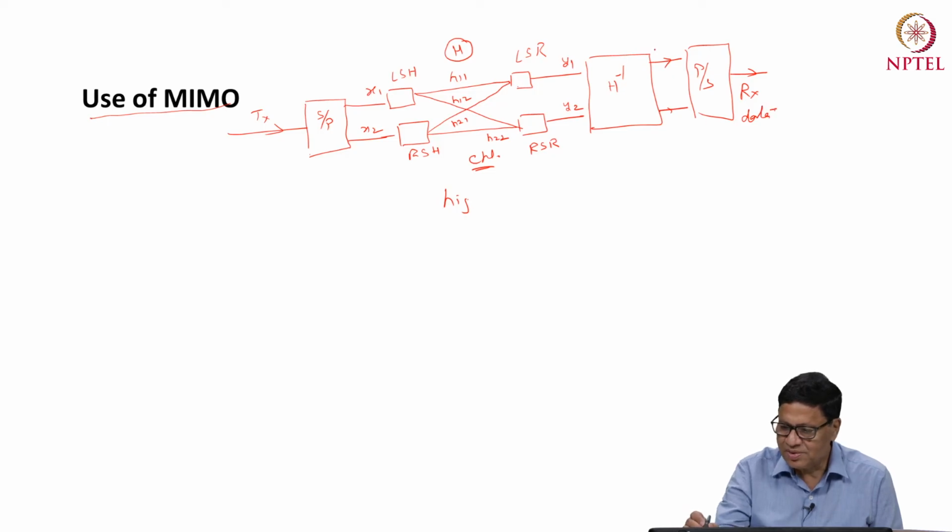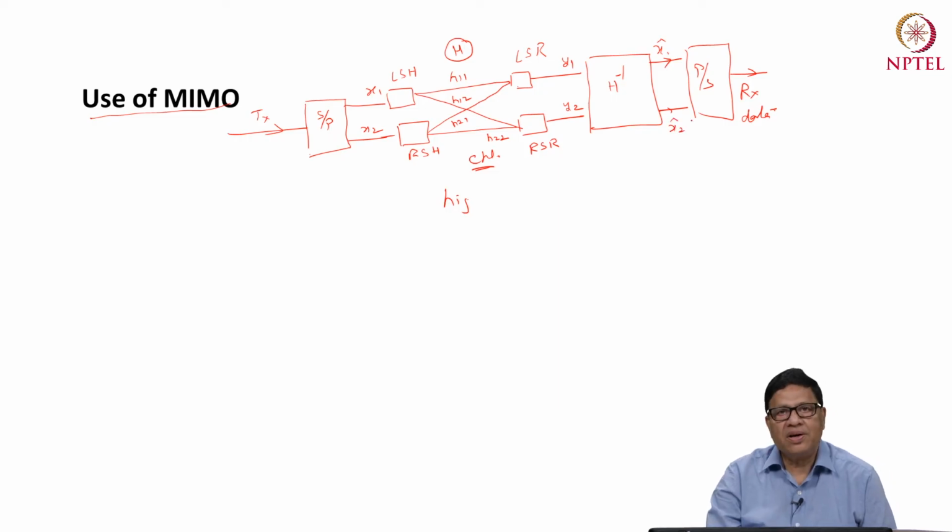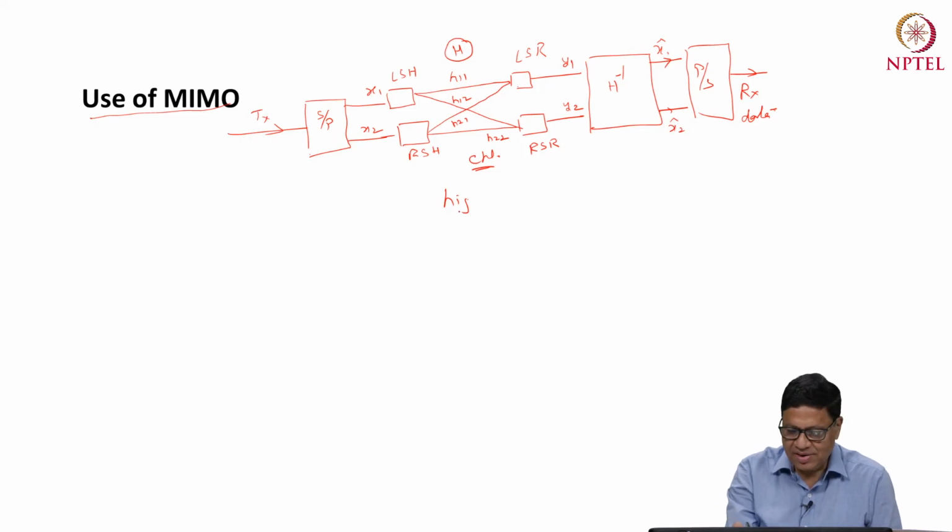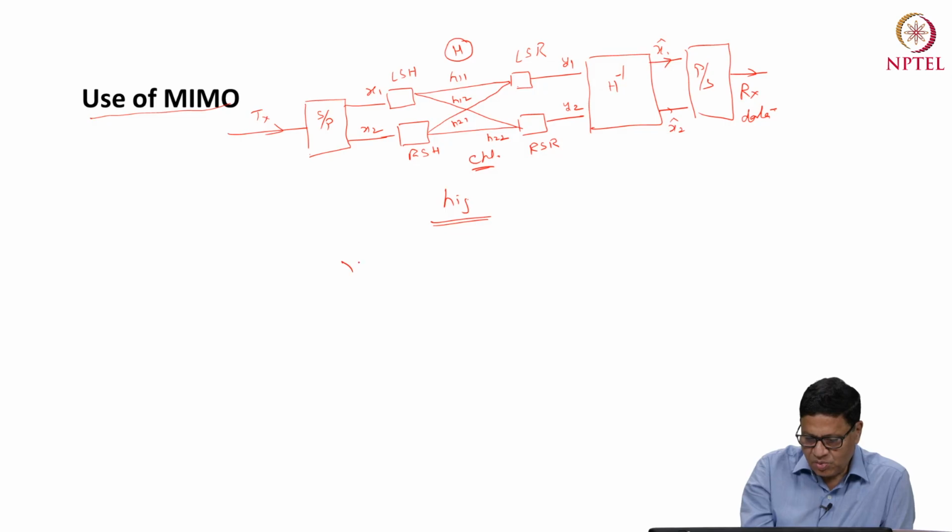So this is your estimate here, X1 estimate, this is X2 estimate, which is converted into serial, and you get the received data. So if you see the whole model, this is Y equal to Hx plus N. These N are vectors and H is a matrix.